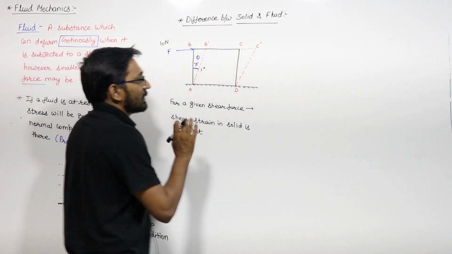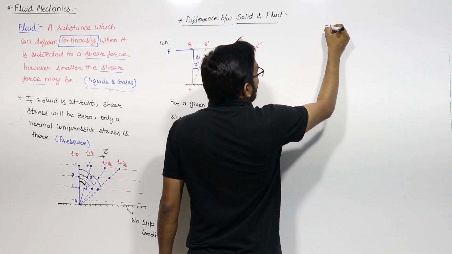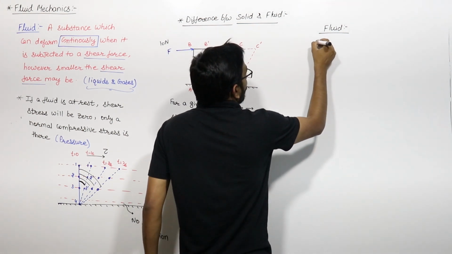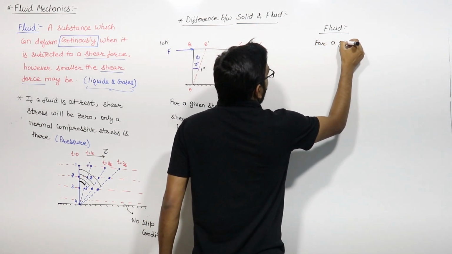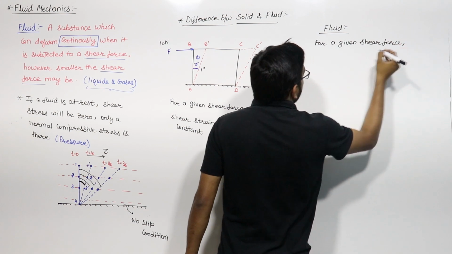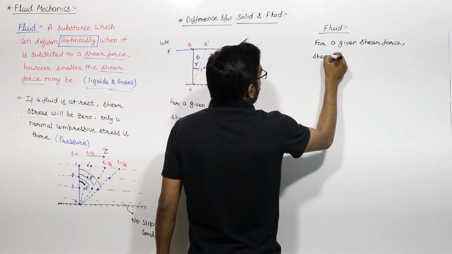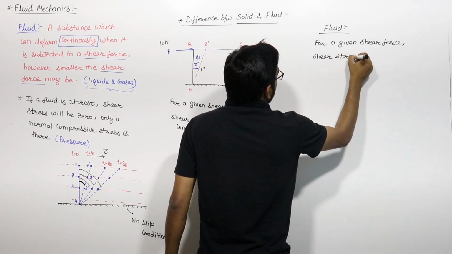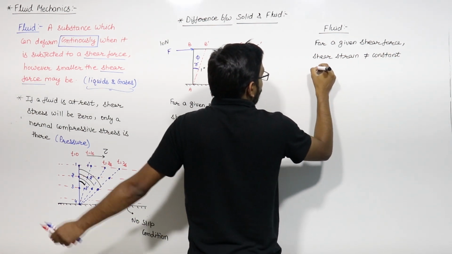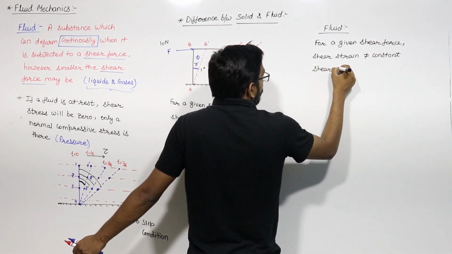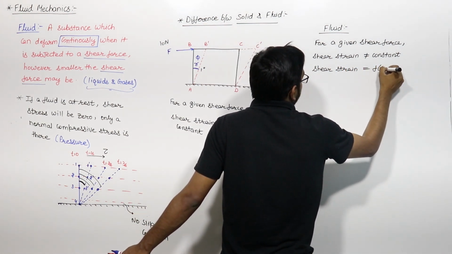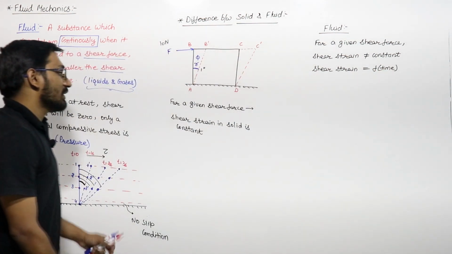But this is not the same for fluid. For the fluid, for a given shear force, your shear strain is not constant. You can see that in the fluid, shear strain under a given force is a function of time.